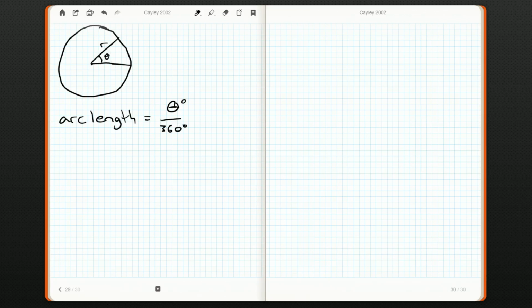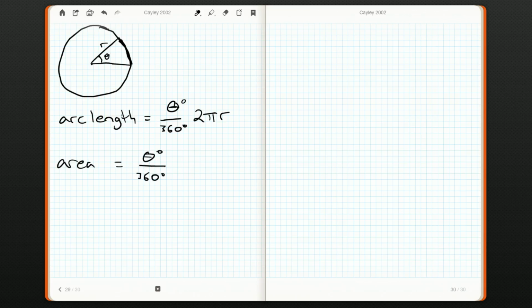And if this were a full 360 degrees, this would be 1. And what would I need to get out? Well, I need to get the circumference of the circle at that point, so it would be 2 pi r. So a fraction of the total circumference is just theta degrees out of 360 degrees of the 2 pi r that gives us the regular circumference. So that gives us the arc length of the sector. Now if I wanted the area of the sector, it's the same sort of thing.